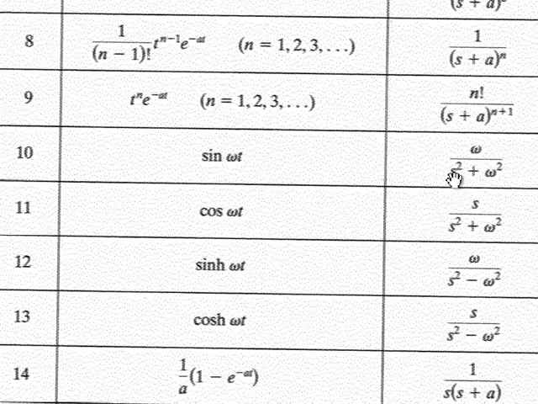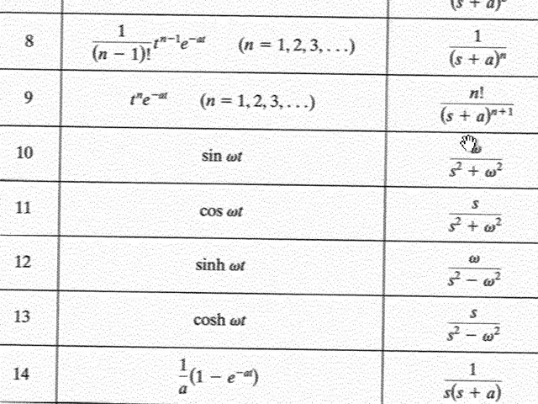S squared plus a constant squared could easily match what we have in the denominator. Next, we have to see if the numerator matches. In line 10, the numerator is also a constant. It doesn't have any s values in it. So it looks like this will match our function.